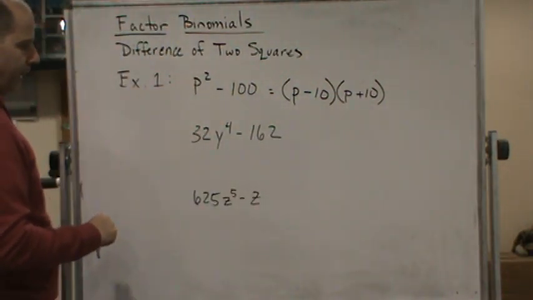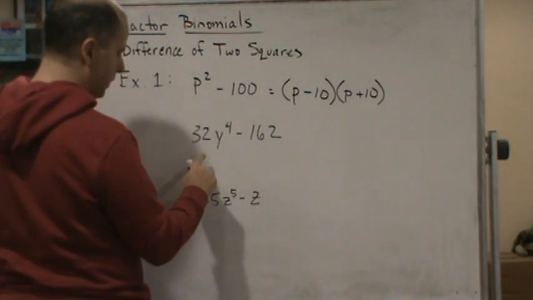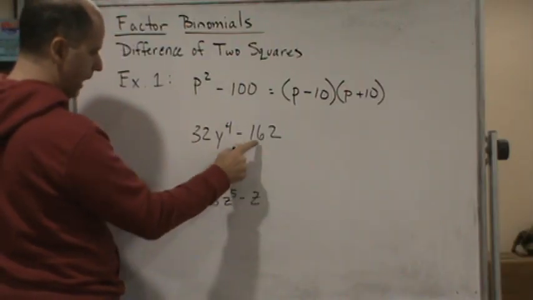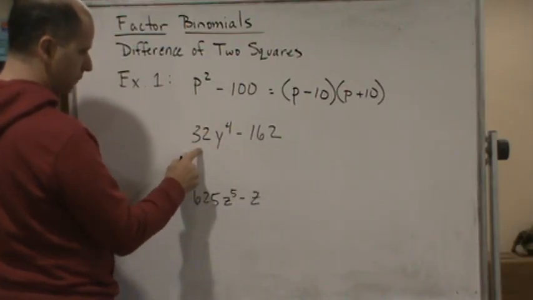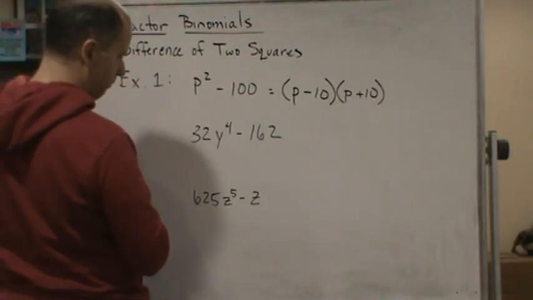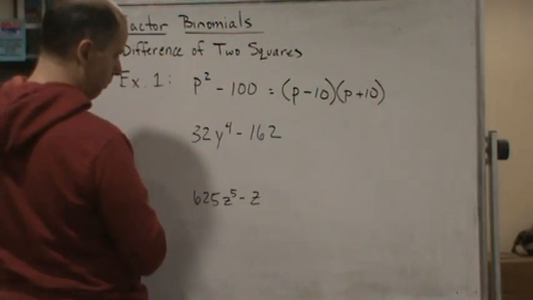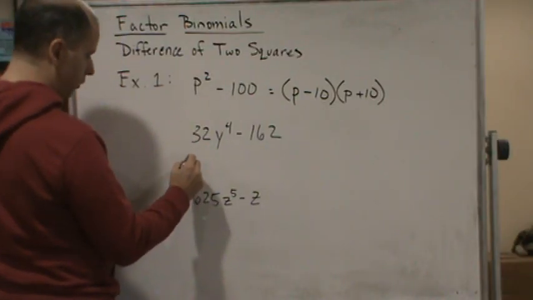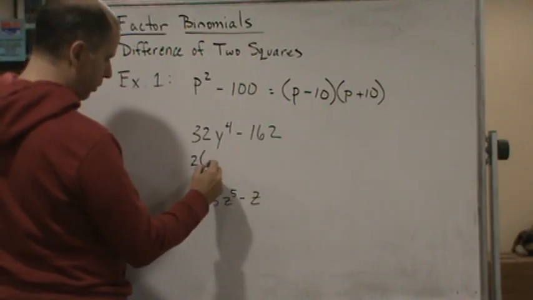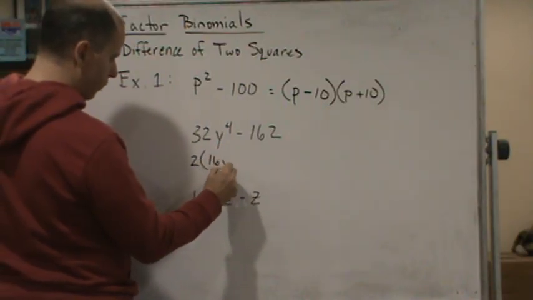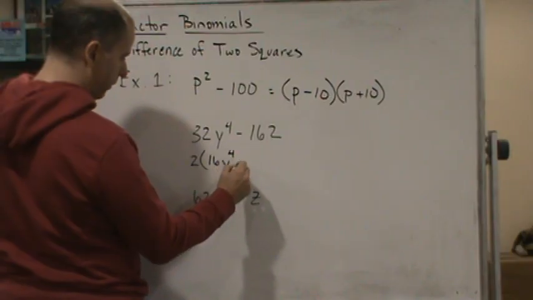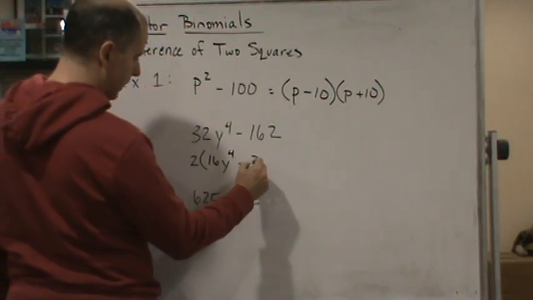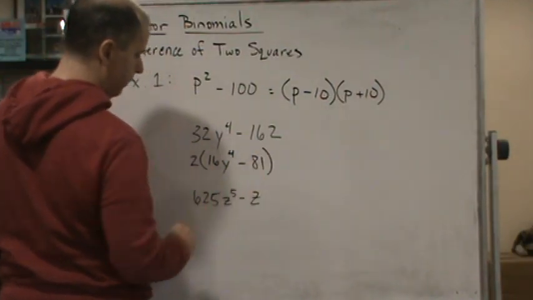Okay. Now here, this one we've got to do one set because notice that there is a common factor here of 2. So if we factor out a 2, that gives us 16y to the fourth minus 81.